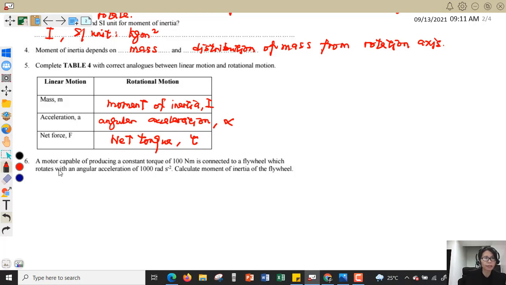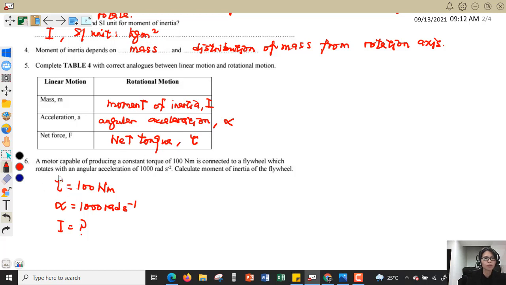Question 6. A motor capable of producing a constant torque of 100 Newton meter is connected to a flywheel which rotates with an angular acceleration of 1000 radian per second squared. Calculate the moment of inertia of the flywheel. We are given the torque, 100 Newton meter, and it produces an angular acceleration of 1000 radian per second squared.